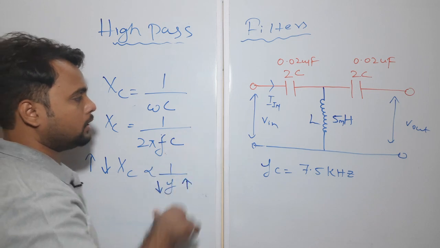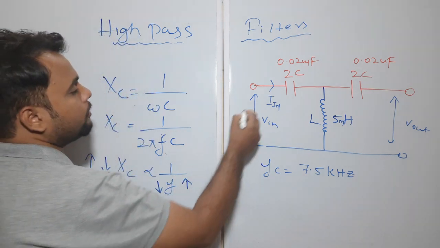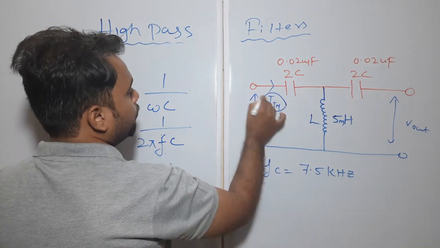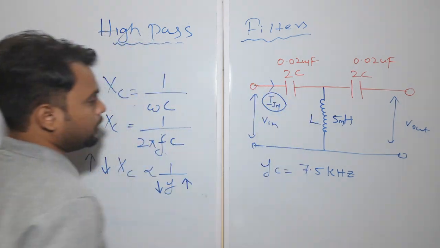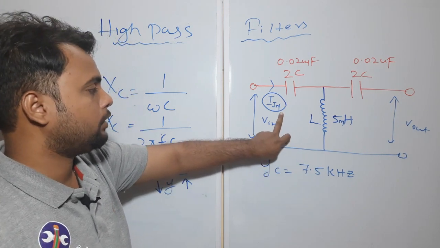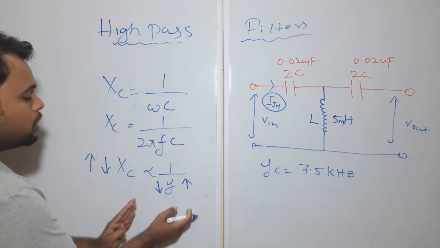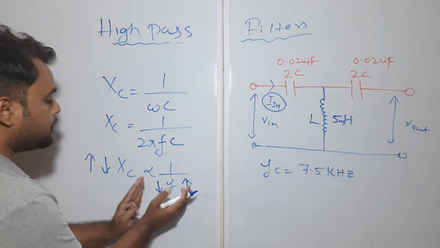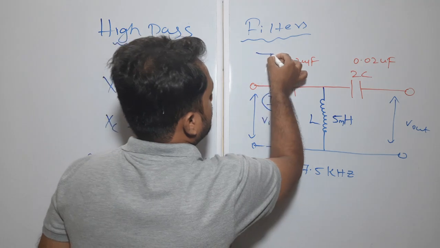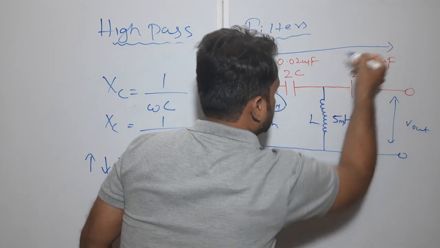So if you look closer here, suppose In is a high frequency wave which is trying to pass through this capacitor. If it is greater than 7.5, high frequency means, as Xc is inversely proportional, lower capacitive resistance. So that high frequency will easily pass through this.